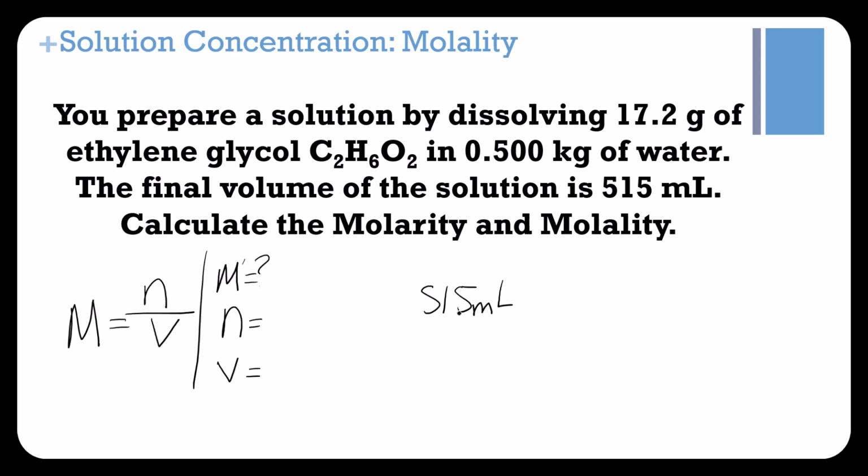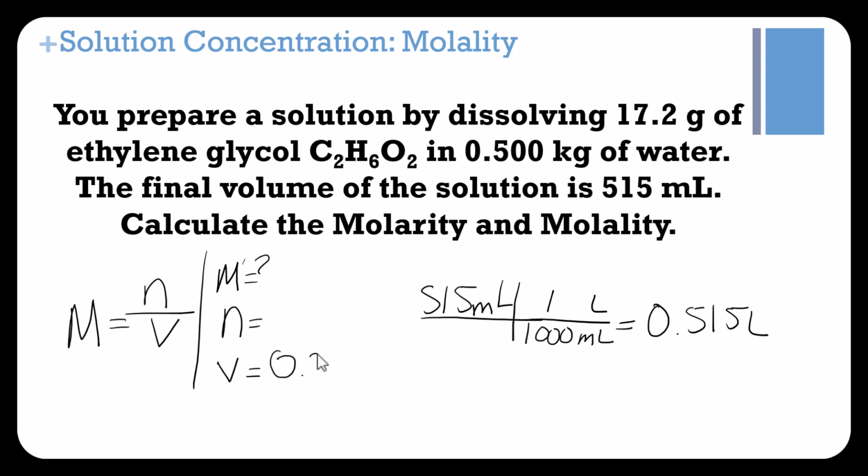If I want to convert that to liters, I put milliliters on the bottom, liters on top, and in 1 liter, I've got 1,000 milliliters. So we'd multiply across the top, divide by the bottom. So 515 divided by 1,000 would give us 0.515 liters. Okay, so that's what's going to go over here in my little inventory box: 0.515 liters.